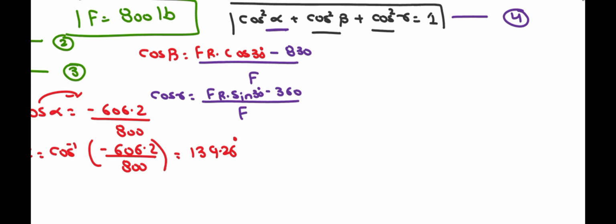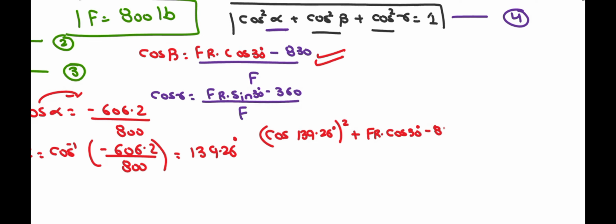So substitute the values of alpha, cos beta, and cos gamma in equation number 4 and solve for the value of Fr. It can be written as cos of alpha, where alpha is 139.26 degree, whole square. With positive sign, the value of cos beta, which is Fr dot cos 30 degree with negative 830 upon F, whole square.